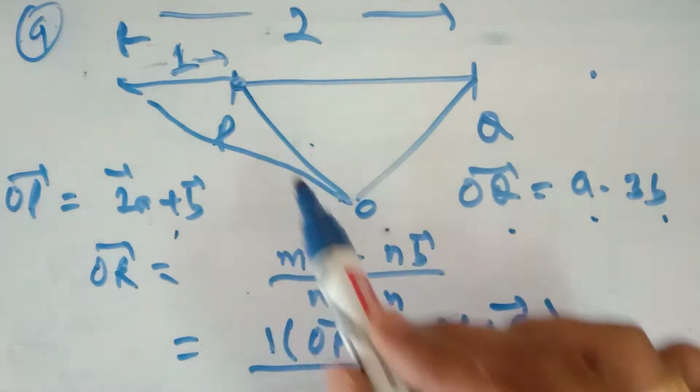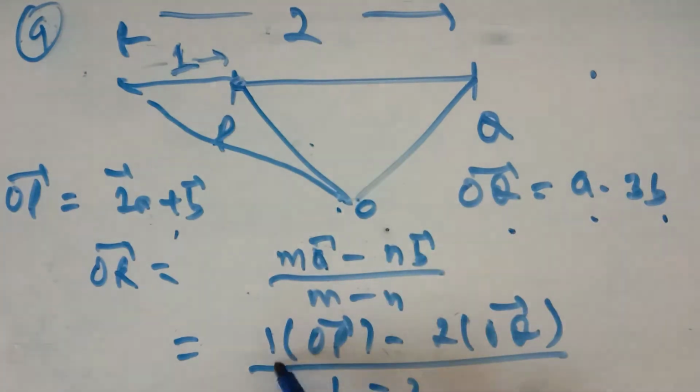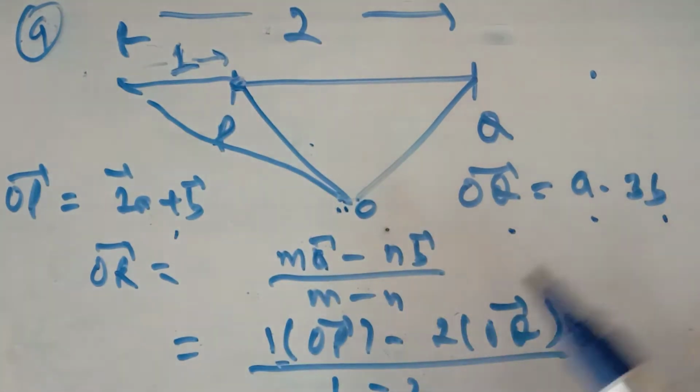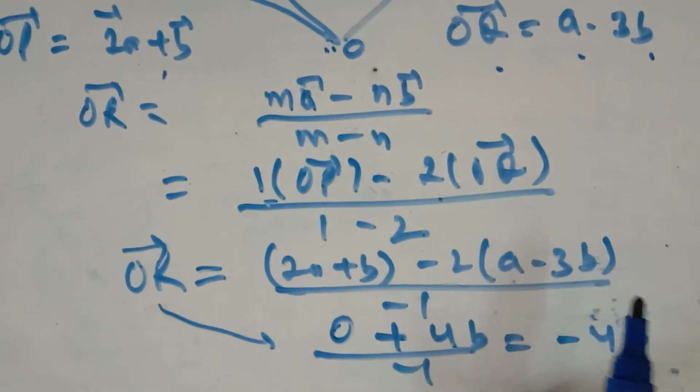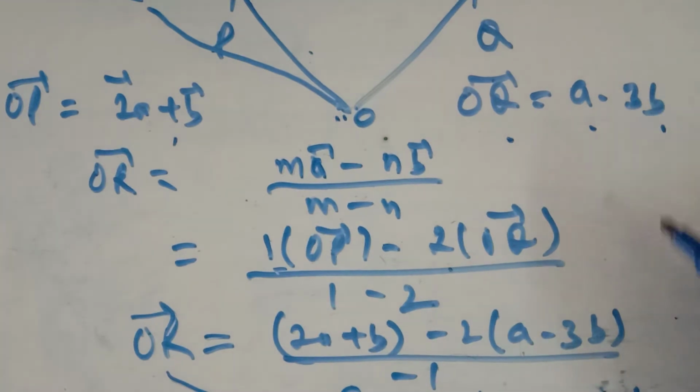So we know that the position vector R is 1 into the position vector of P minus 2 into the position vector of Q upon the difference of the ratio, and it is 2a plus b minus 2a minus 3b, and this is the position vector of R. And you have to show that P is the midpoint. So it means when you add these two vectors and divide by 2, you will get that P is the midpoint of RQ.